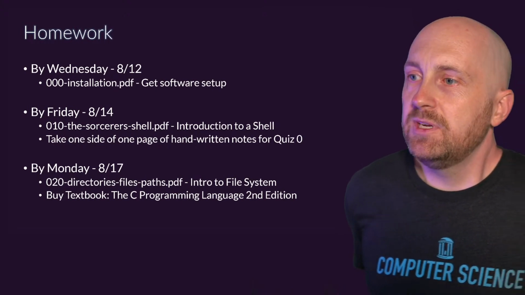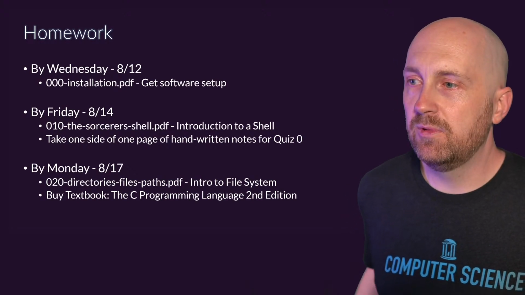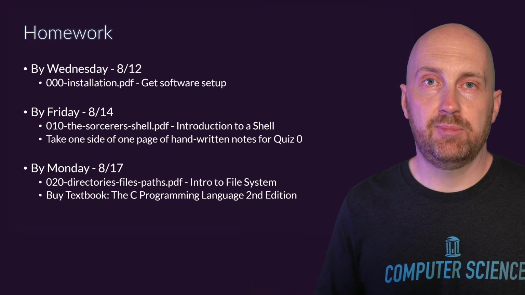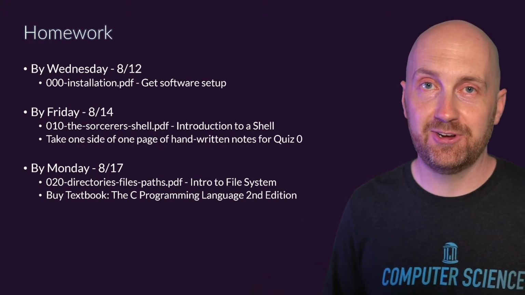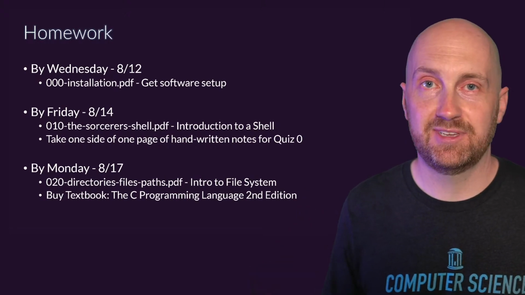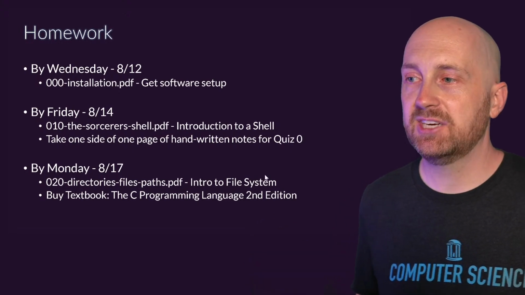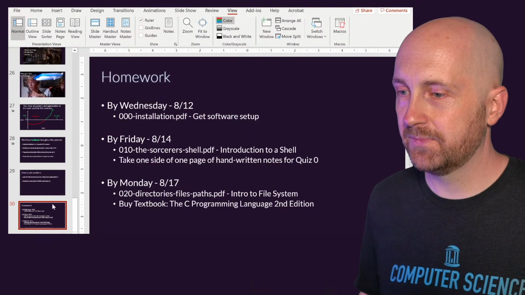So the things you need to be working on for Wednesday: you really want to be working on getting your software set up. This is a non-trivial task. We're installing industry-grade software, and you're going to have to upgrade your operating system to the latest version. We're here to help you with this. Actually, this isn't the OO installation PDF, let me fix that real quick.